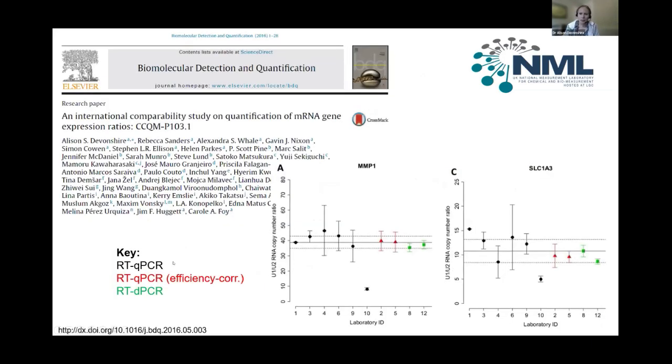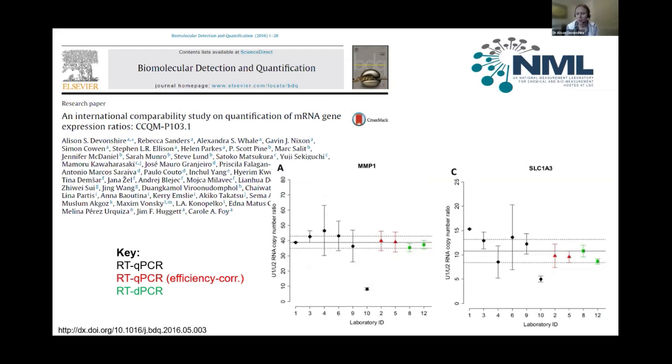Another area that we've worked on in the past in the CCQM nucleic acid working group is looking at gene expression measurements which are normalized to reference genes, and we looked at some of the ERCC standards, but also some endogenous genes.